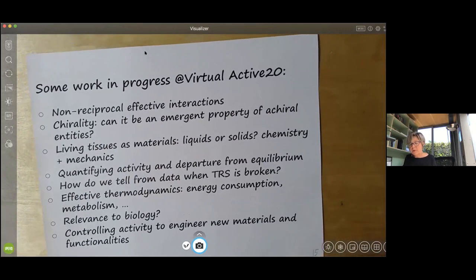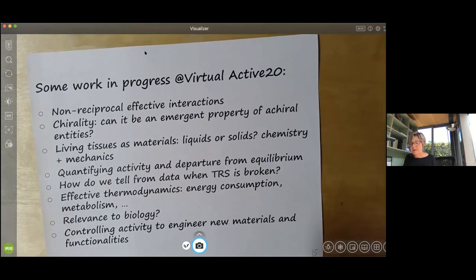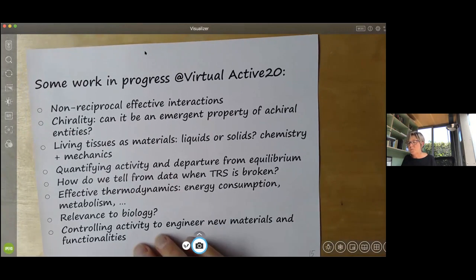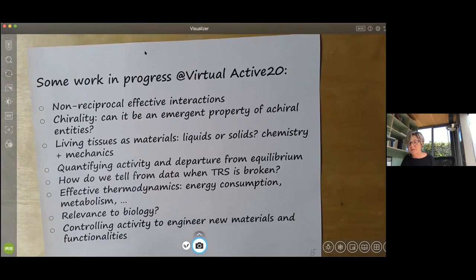I just thought I would end by highlighting some of the many questions we've been discussing and trying to make some progress on in these past 8 weeks of this virtual program. Often active systems of the type that I described have effective interactions that are non-reciprocal. That is, in some sense, you could say, they break Newton's third law.